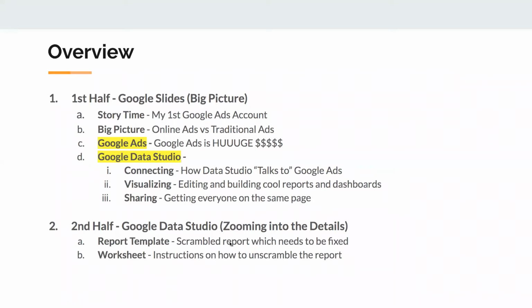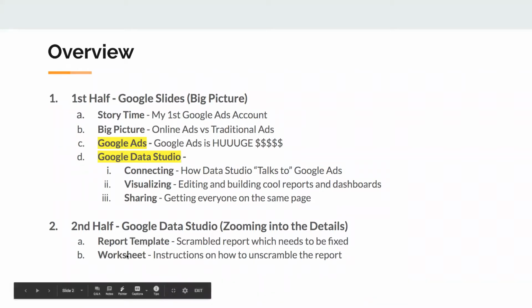And what that includes is this automated report that we're going to be setting up. The only thing is that the report's been scrambled, which means I went through and messed it up on purpose. And then the other part is this worksheet.